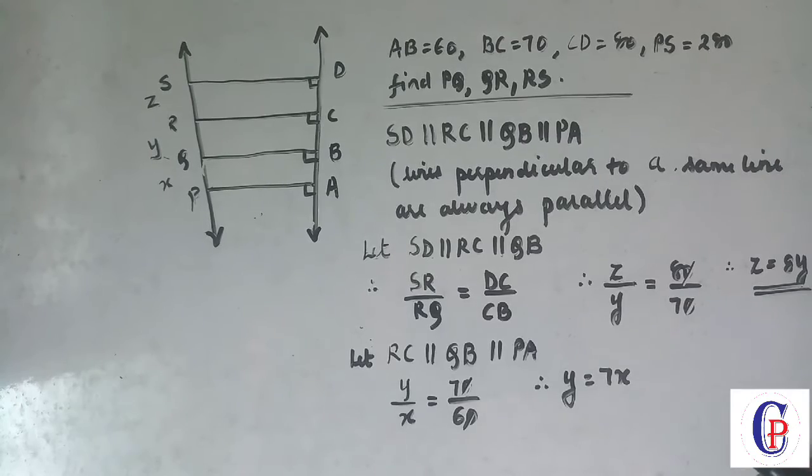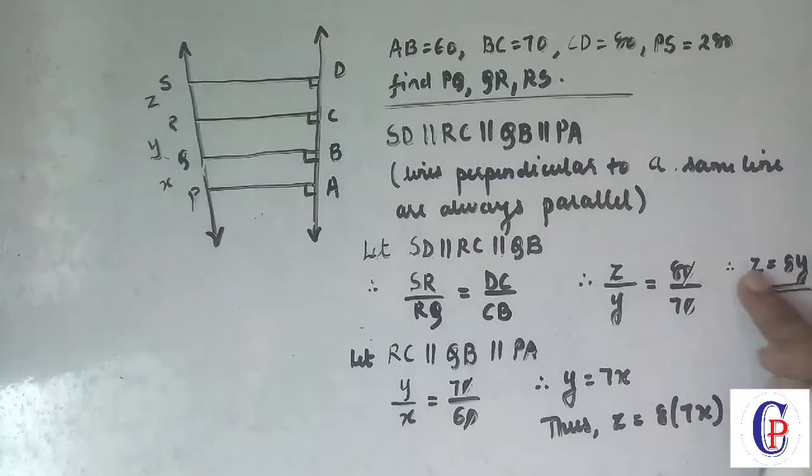So from this we get Y is equal to 7X, but we already know that Z is 8Y. Thus we can say that Z is 8 into 7X, because the value of Y is 7X. So I got 56X.